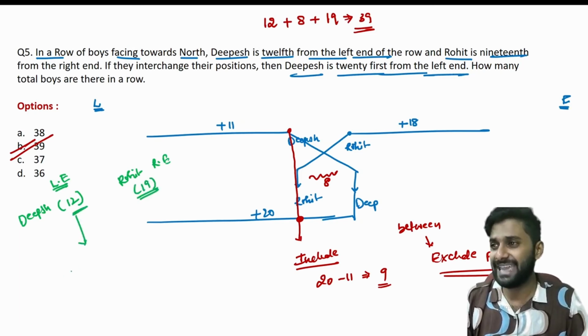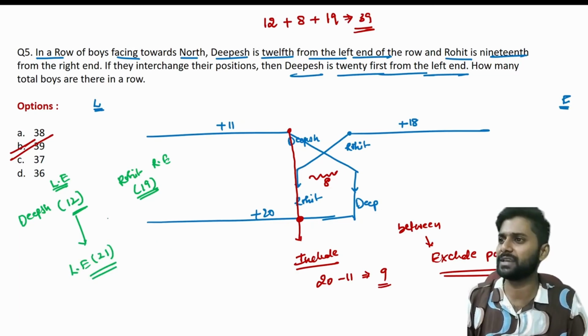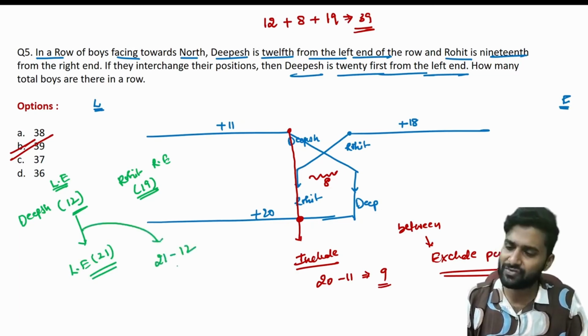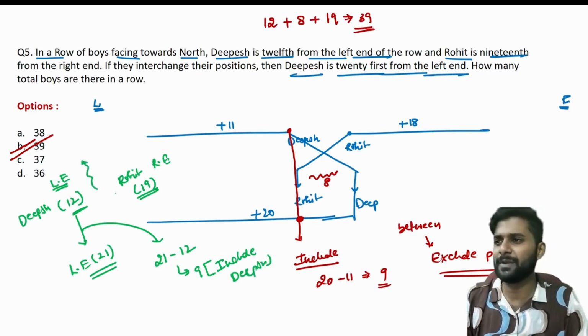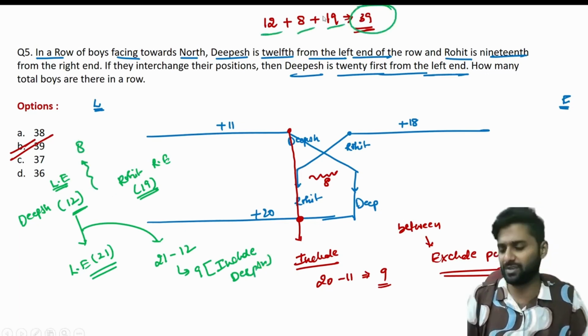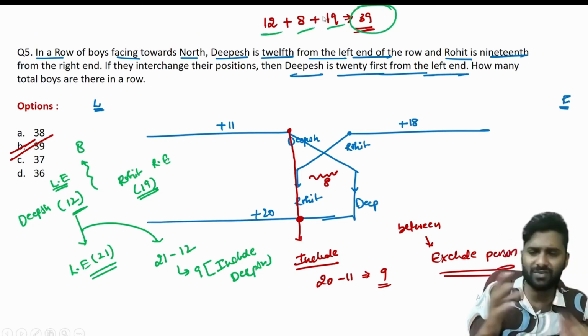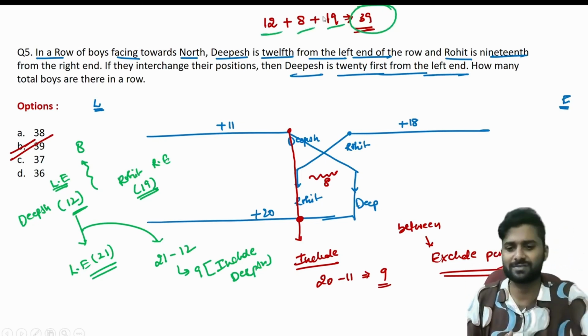After interchange, Deepesh from the left end is exactly 21. If you find the difference, 21 minus 12 is 9. So 9 always includes Deepesh. If you want the people between, you should exclude that person. The simple answer is 8. So 12 plus 8 plus 19 is equal to 39. You can save your time, guys, once you understand the concept.